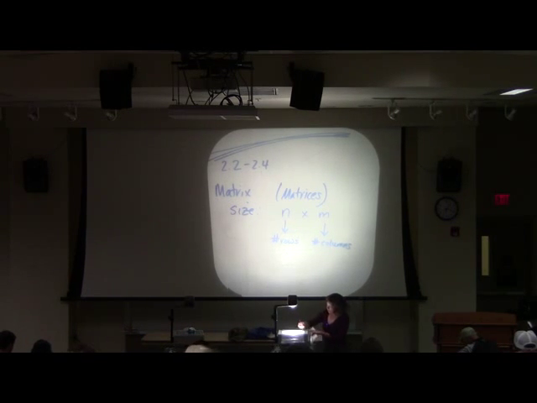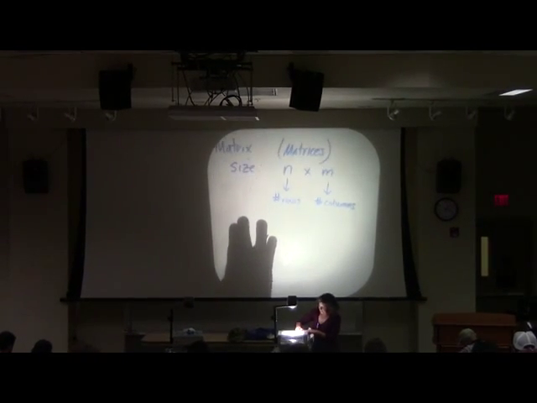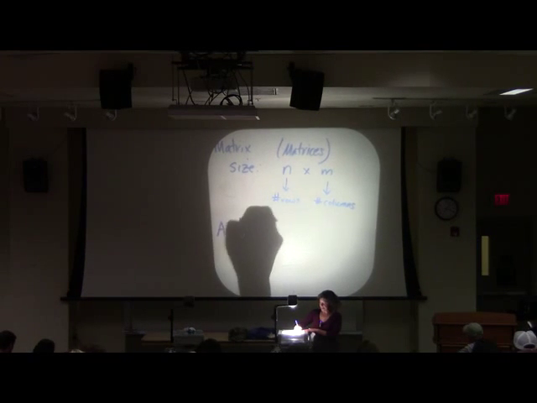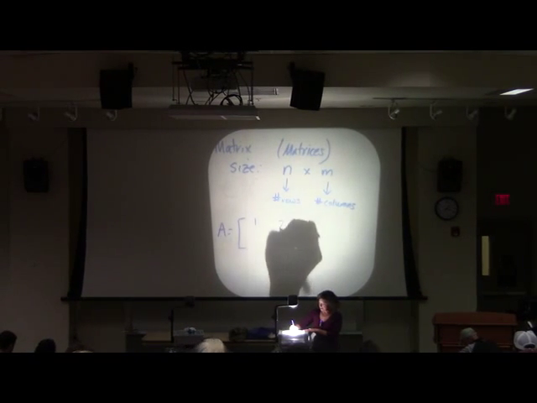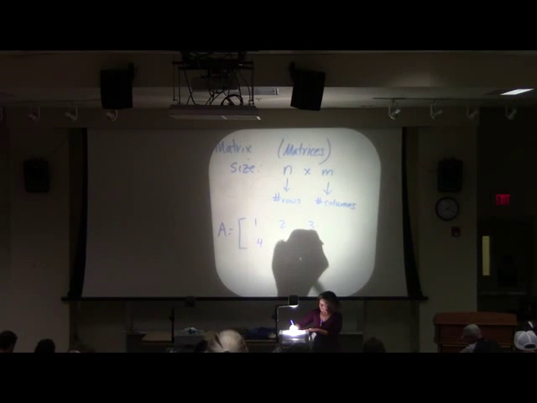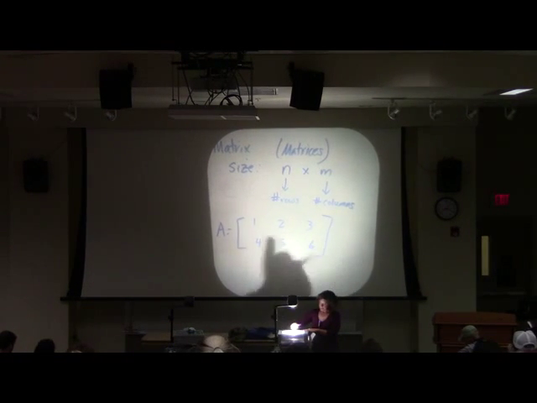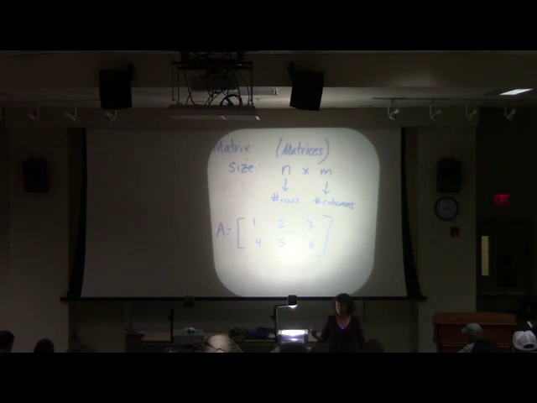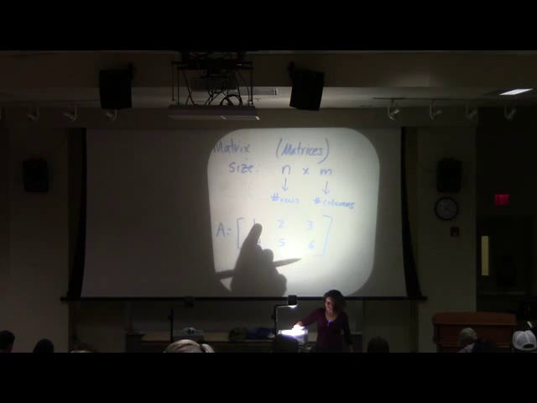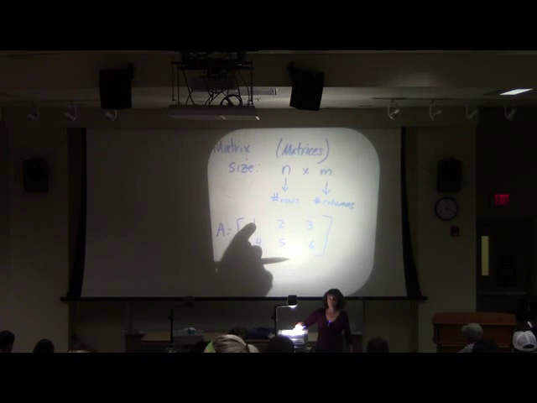Okay? So, for example, I can have my matrix A, and how about it's 1, 2, 3, 4, 5, 6. These numbers in here are called my entries. So, for example, this number 1, isn't he in my first row, first column?